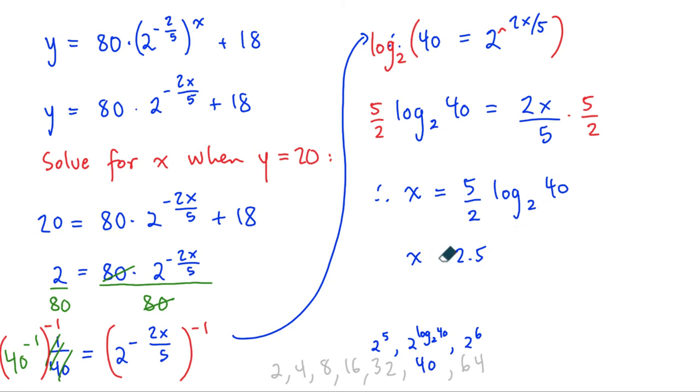So x is contained between 2.5 times 5 and 2.5 times 6, which is more than 5, because 2.5 times 5 is more than 5. And so x is more than 5 minutes, and therefore the answer is reasonable.